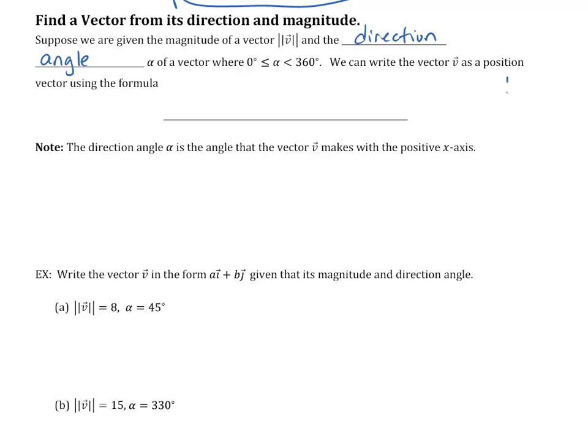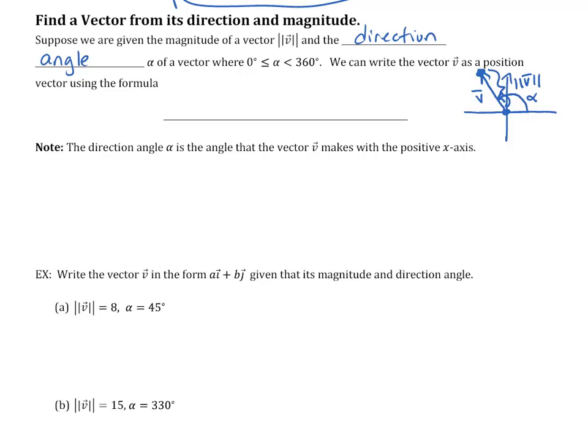And what I again mean by a direction is if you put your vector where its starting point's at the origin and it has a certain direction, say that's v, we know its length is the magnitude of v, and the direction angle is its angle in standard position. So that right there I call alpha. That's its direction angle.